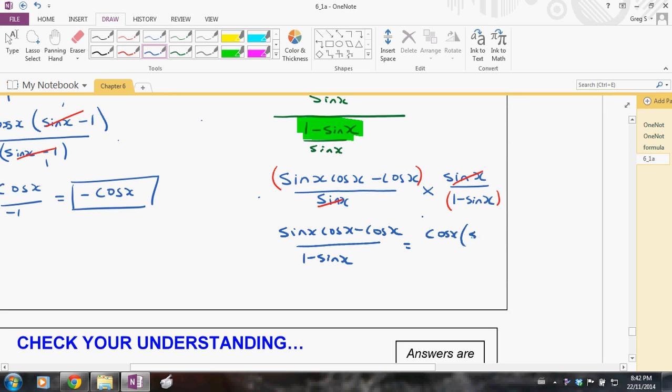So I'll get sine of x minus 1 all over 1 minus the sine of x. And just to quickly simplify, this is exactly the same line that we had before. So here I'm going to get the negative cos of x.